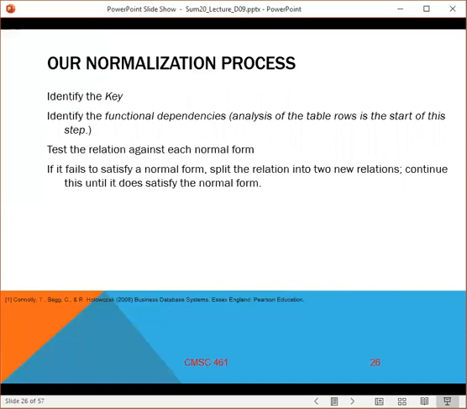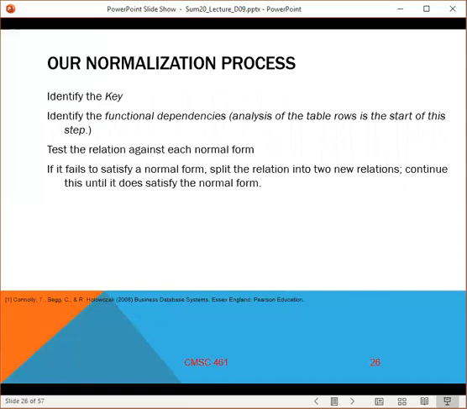So in our normalization process, first thing we do is we identify the key. And we've learned all along in the course that there's an extreme importance attached to the primary key. Then we look for functional dependencies. We analyze the table row and we test the relation against each normal form.